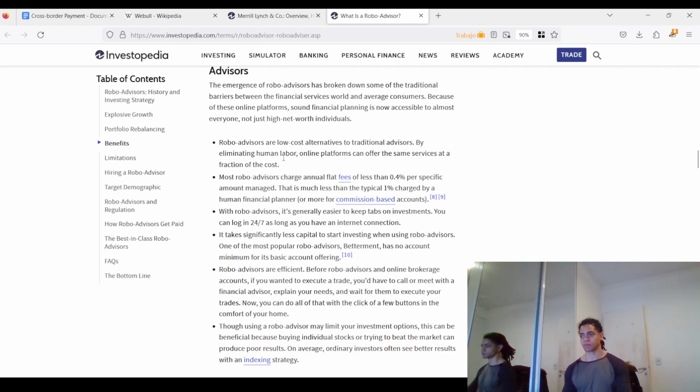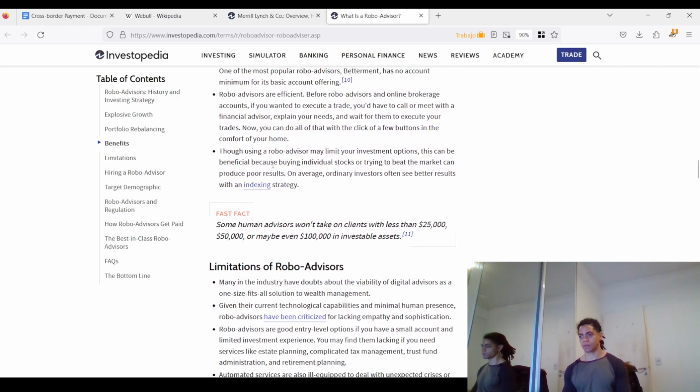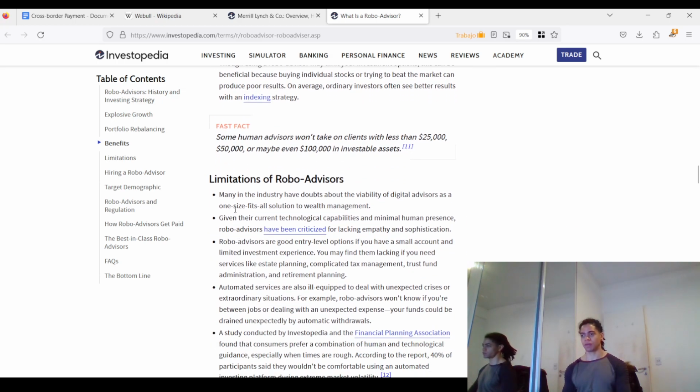Some human advisors won't take on clients with less than 25,000, 50,000, or maybe even 100,000 in investable assets. Limitation of robo-advisors.